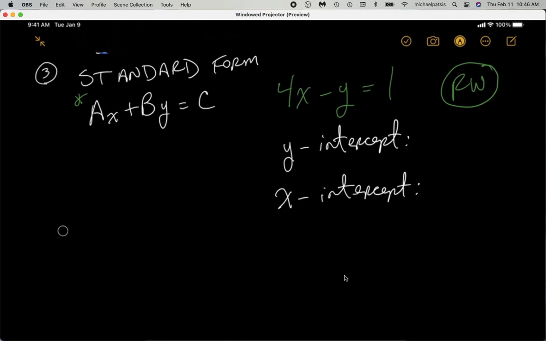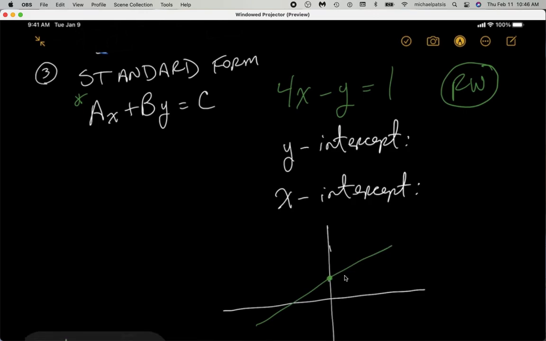So how do you find the y-intercept? If I draw any line, let's look at this line. The y-intercept is the point where the line crosses the y-axis.